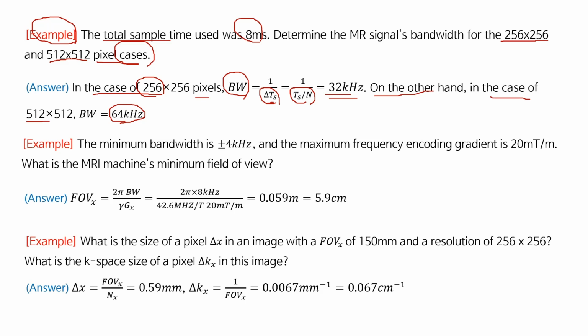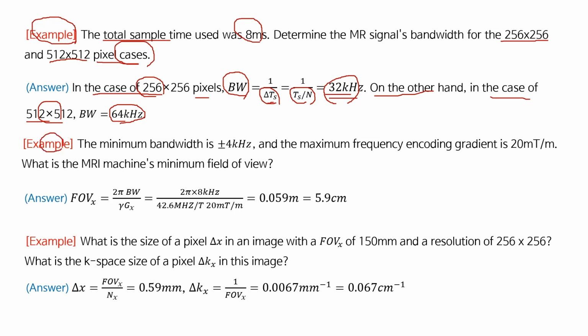This means a large bandwidth, 64 kHz for the 512 image, compared to the 32 kHz in the 256 image. Thus, the resolution of the 512 image is twice better than that of the 256 image.